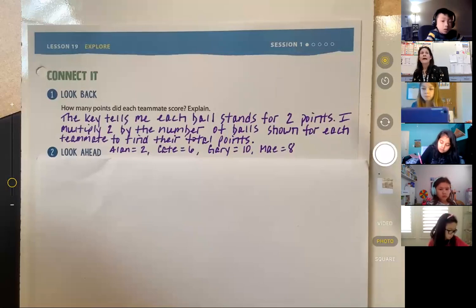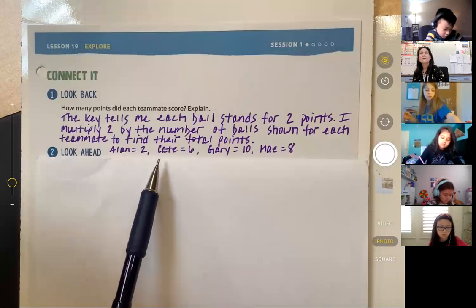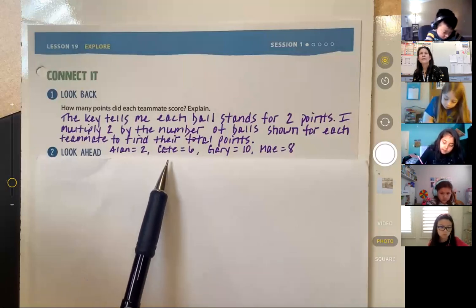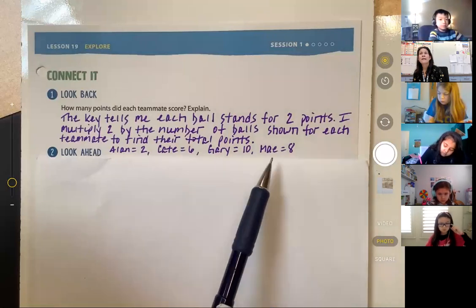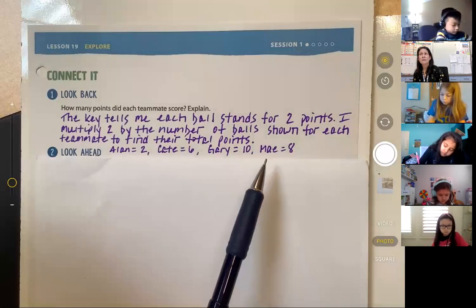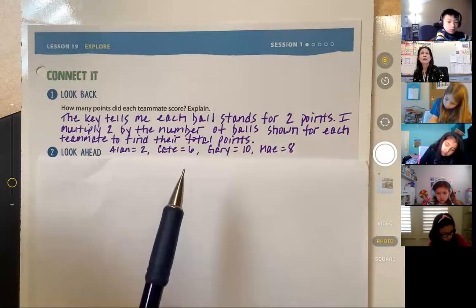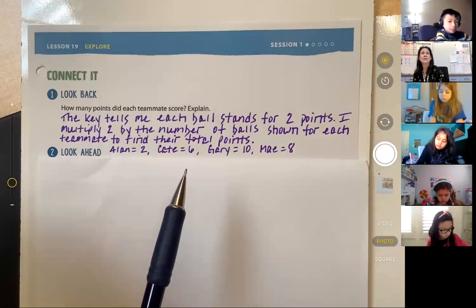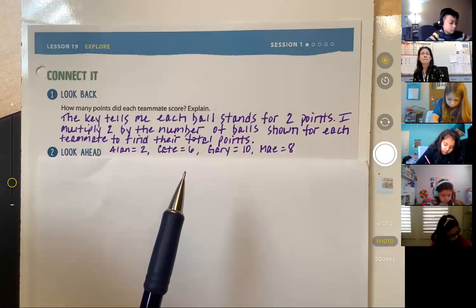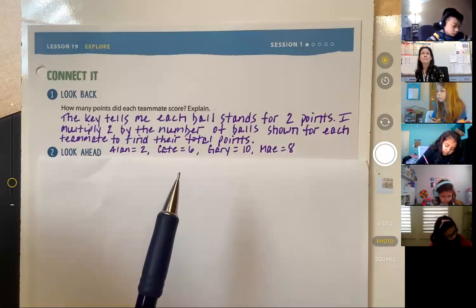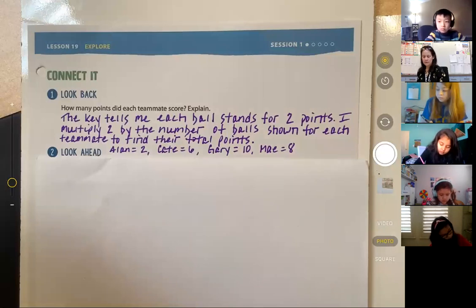So again, Alan, 2 points. 1 ball times 2. Kate, 6 points. 3 balls times 2. Gary, 10 points. 5 balls times 2. May, 8 points. 4 balls times 2. Again, that key is telling you each ball stands for 2 points. You multiply 2 by the number of balls shown for each teammate. I'm going to give you a minute to get all that written down. I know it's a lot, but it's very important.